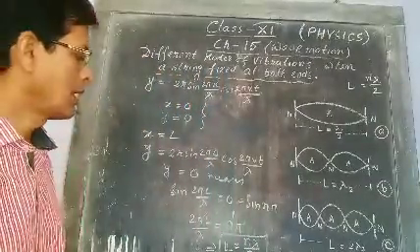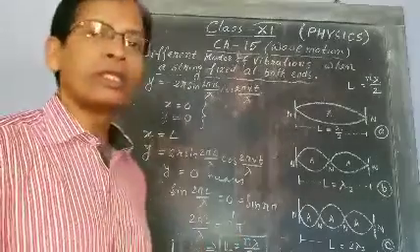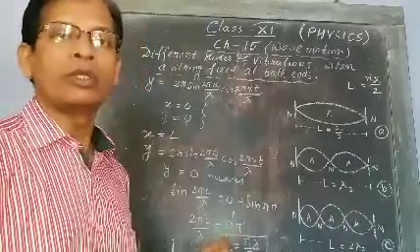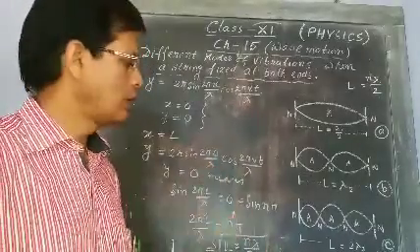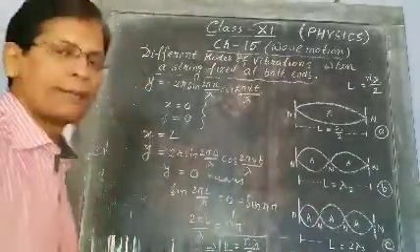Here we are not using 0, because if you put 0, then L will be 0, but we have taken some length. So we use 1, 2, 3, and so on.